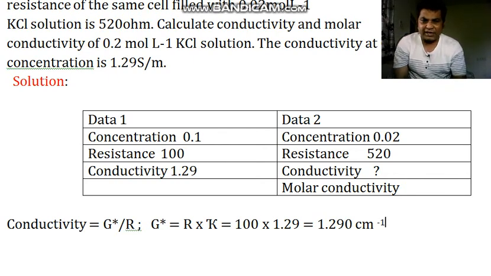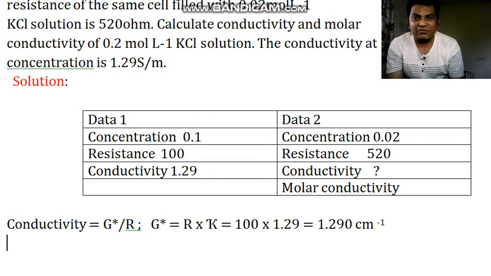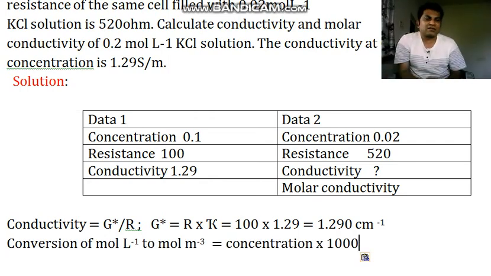So in the next topic, what do we have to find? Now we are going to find out the molar conductivity lambda m. But before that, see, meter is given and we are taking centimeter. So first we have to convert the concentration, 0.02 mole given here.